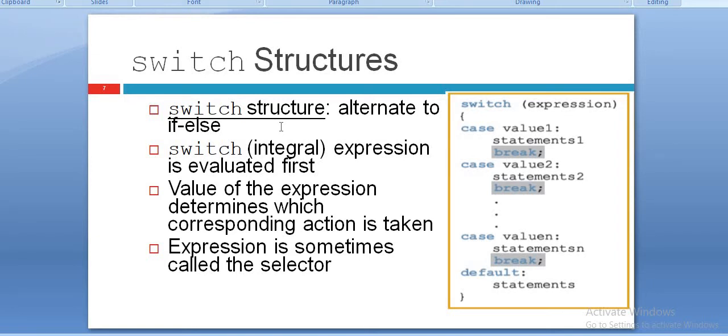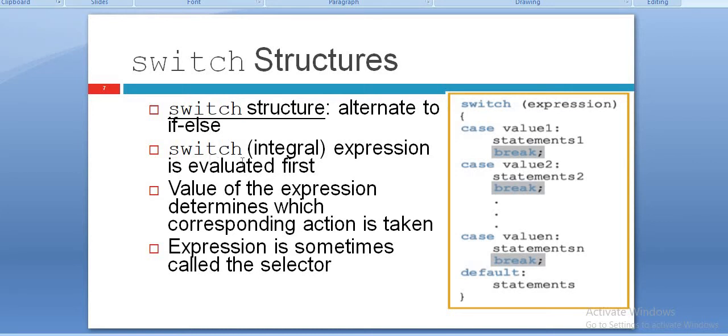So expression is single, values might be multiple. In such situations, we can use the switch structures, and it is good enough and easy to use.